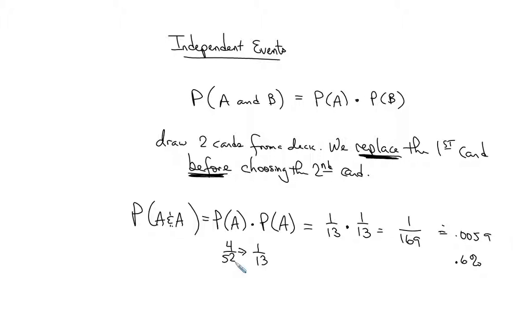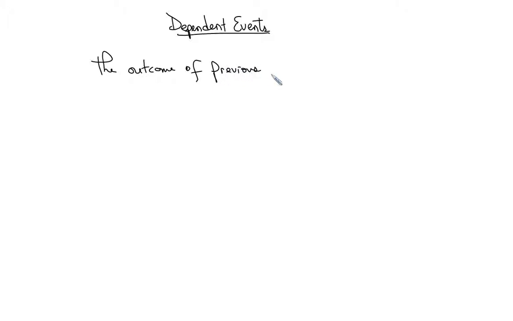What we're now going to talk about are dependent events. Dependent events, the outcome of previous events does affect the probability of subsequent events.